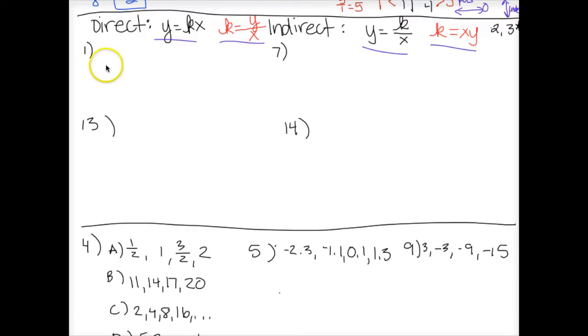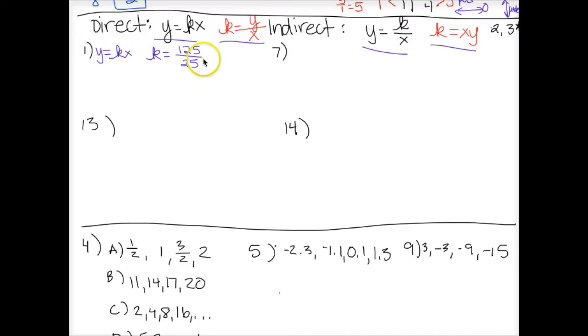As soon as it says direct variation, I immediately write y equals k times x. Then it doesn't tell me the k, it tells me x and y. So the next thing I'm going to do is calculate the k. K equals y divided by x. It says when y is 125, so I put that in for y, x is 25.